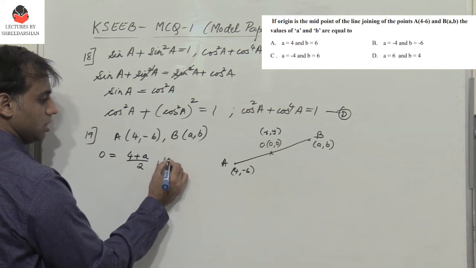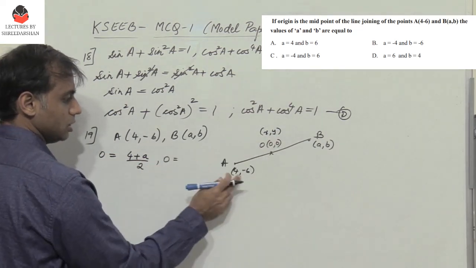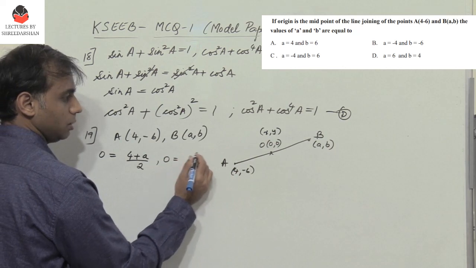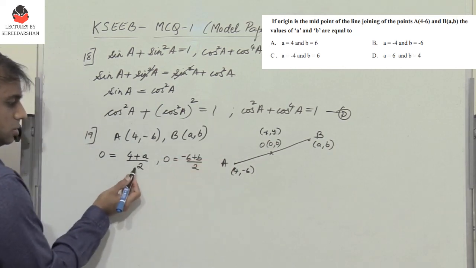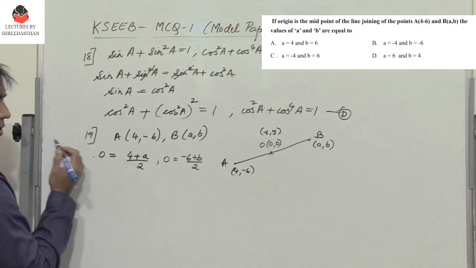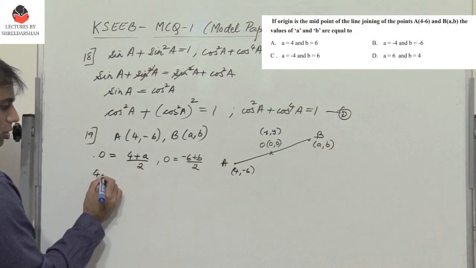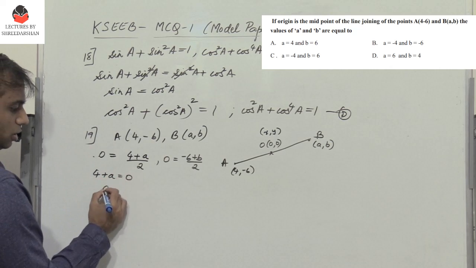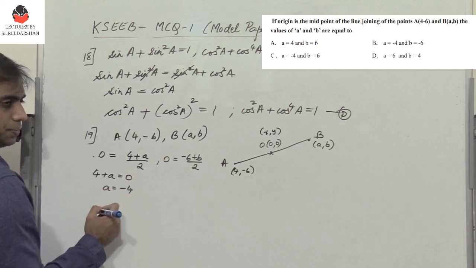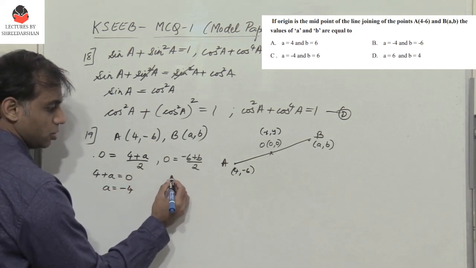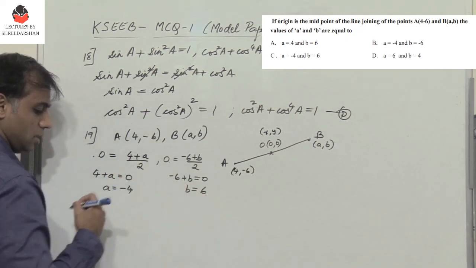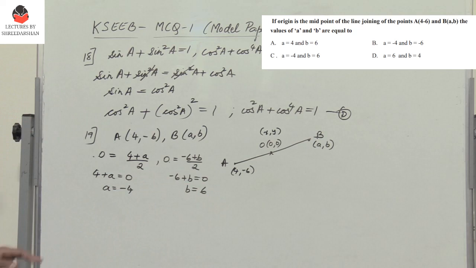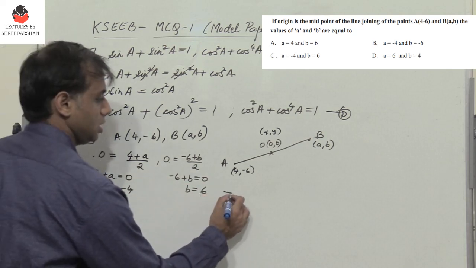And similarly, 0, that is y equals y1 plus y2 by 2, minus 6 plus b by 2. So here I bring this 2 to this side. 2 into 0 is 0. So 4 plus a is equal to 0, or a is equal to minus 4. 2 into 0 is 0. So therefore minus 6 plus b is equal to 0, or b equals 6. So the two values of a and b are a equals minus 4 and b equals 6. And the option is C.